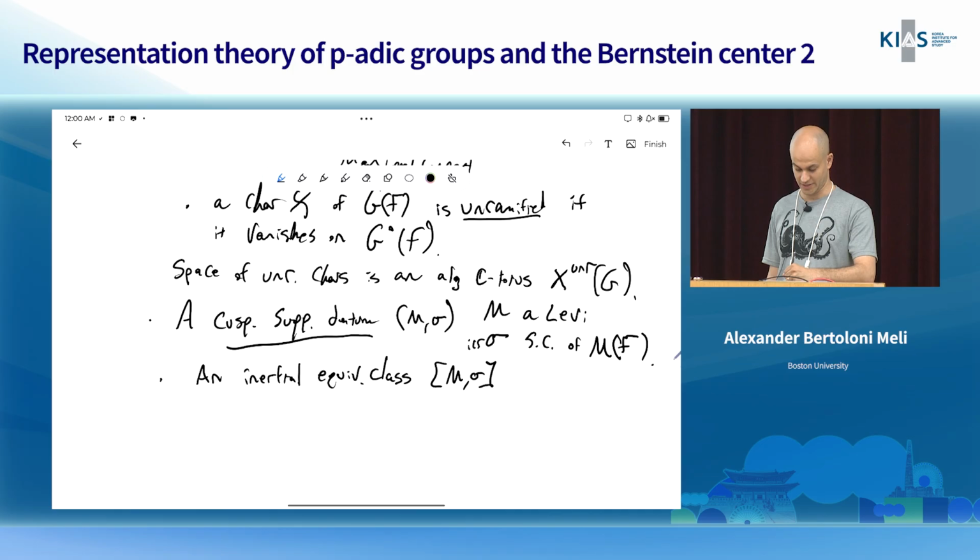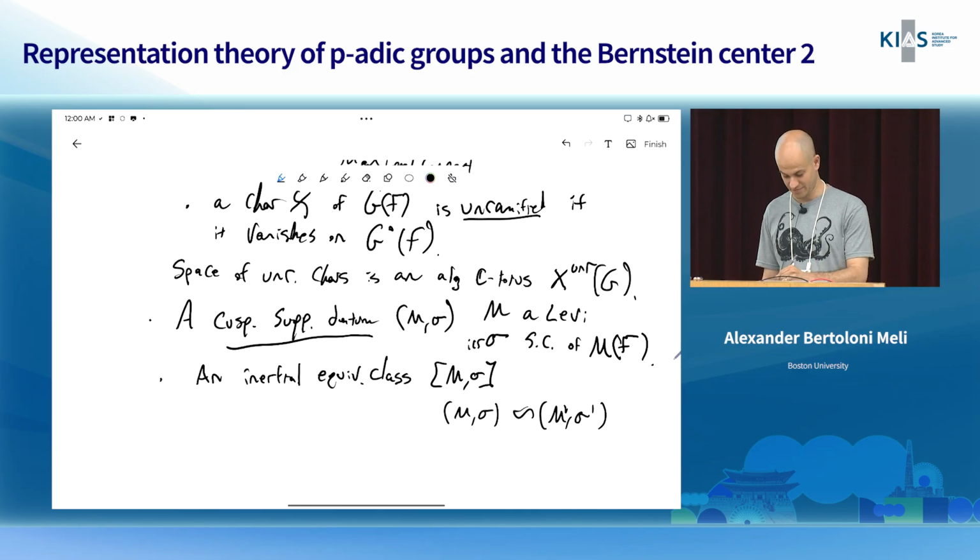So M, sigma is equivalent to M prime, sigma prime if they're conjugate and the conjugation induces an isomorphism between sigma and sigma prime, up to a character chi such that chi is unramified.